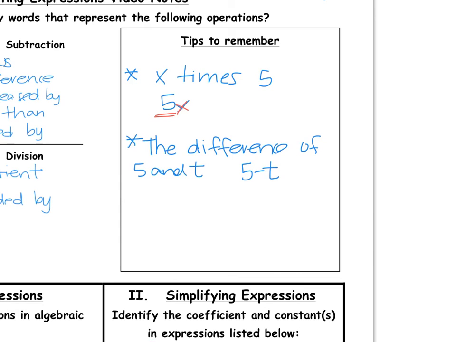It can also be written as 5 decreased by t. If we have 5 less than t, or 5 subtracted from t, that's translated as t minus 5. So those are the few tips that I want you to be careful on.